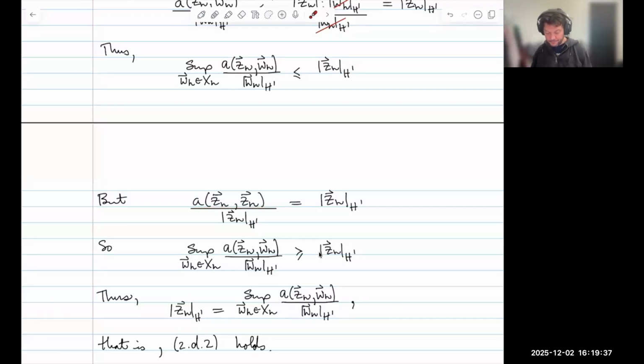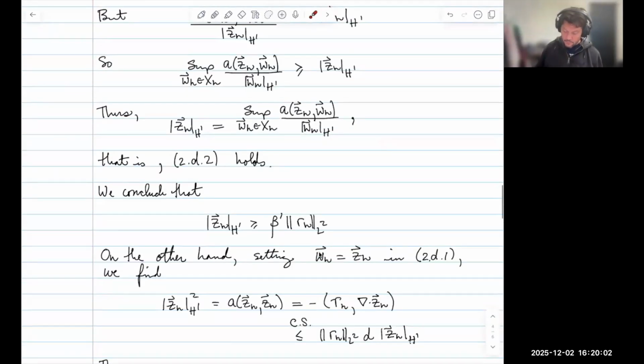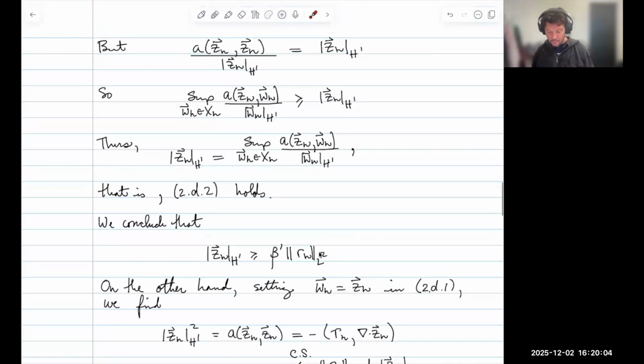That says the supremum of those numbers has to be greater than this, because this is just one of the possible numbers, and the least upper bound is greater than any of the possible numbers. So I have the supremum being bigger than this and the supremum being less than that. That must mean it's exactly equal to that.